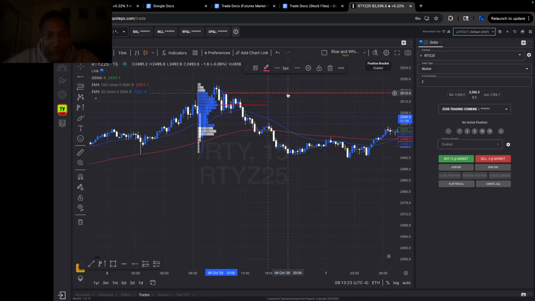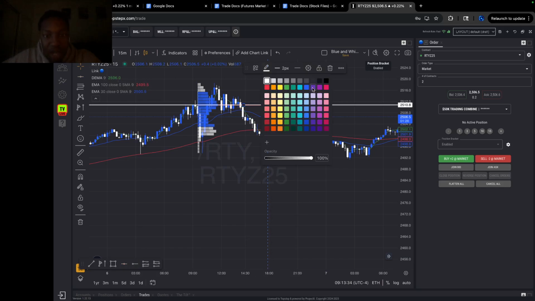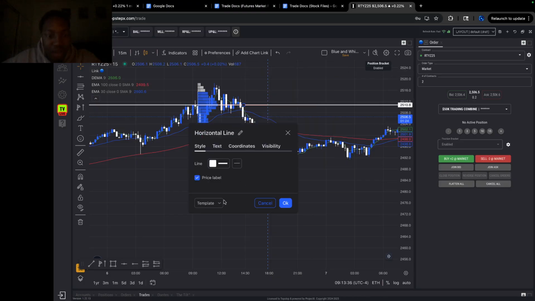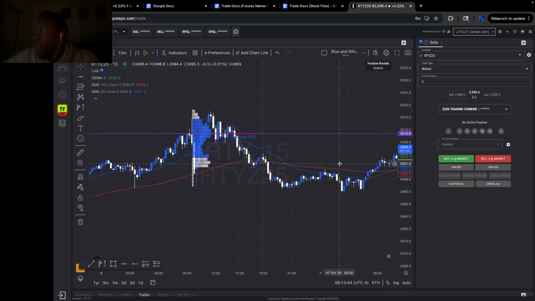Now, I'm not going to mark this out because I don't really use it in that way, but I also know that's relevant information for me, depending on what kind of day we determine that it is. And so I usually mark this out as previous point of control, or previous POC. It's a very important place in price, obviously, because that's where the most volume was transacted. So previous POC.